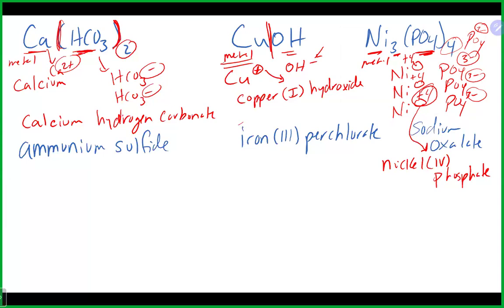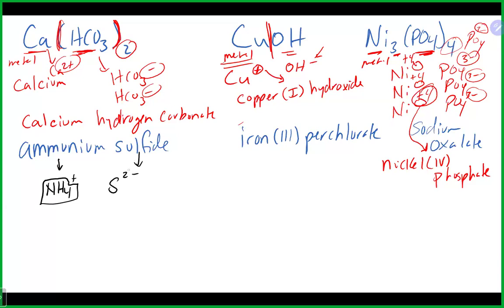Ammonium is NH4 plus, with a +1 charge. Sulfide, IDE, is actually sulfur from the periodic table, so that is group 6. Again, that is not sulfate, that is not sulfite. This is sulfide, IDE, from the periodic table.